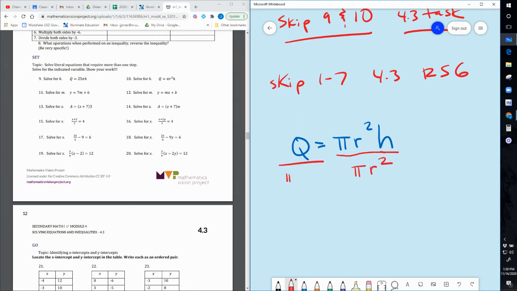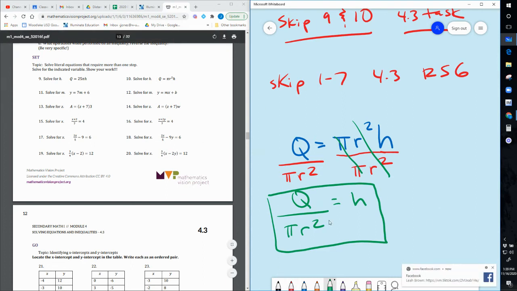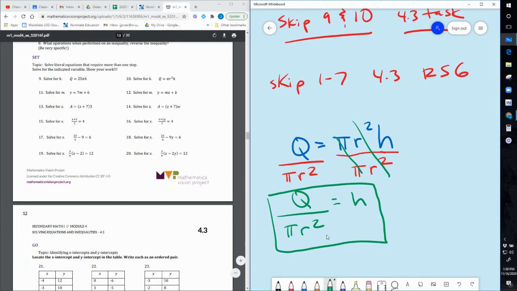Whenever I do, all this cancels, and I'm just left with h. Q divided by pi r squared is my answer. As long as you're manipulating the numbers using reverse PEMDAS, you can manipulate however you want, and now I just solve for h. So there's the free answer for number 10. Make sure you guys write that down.